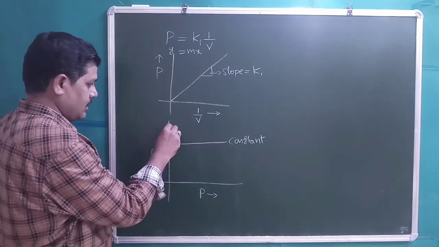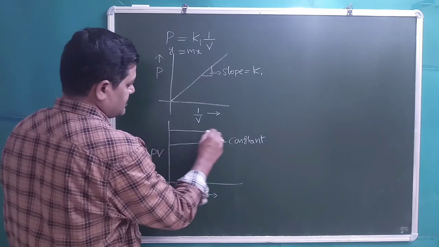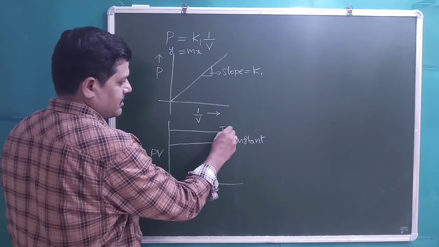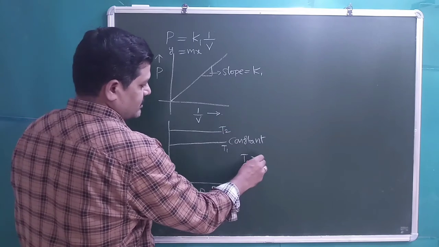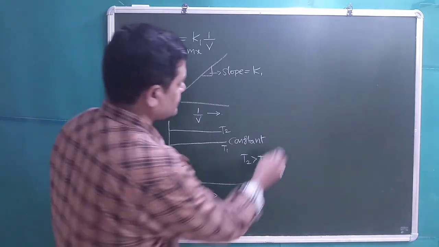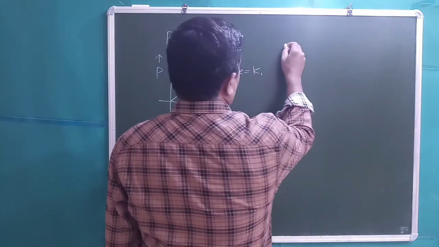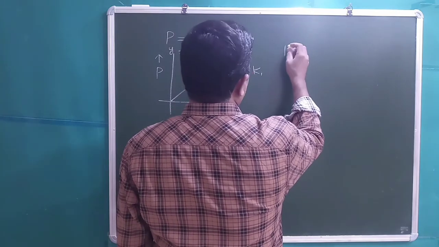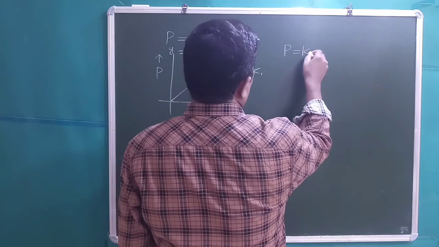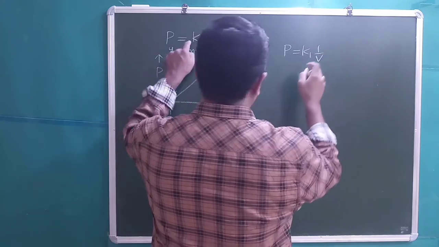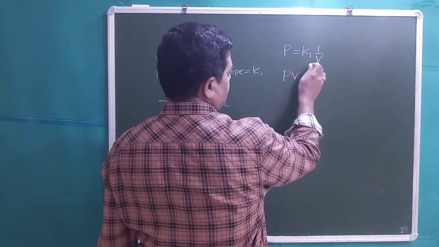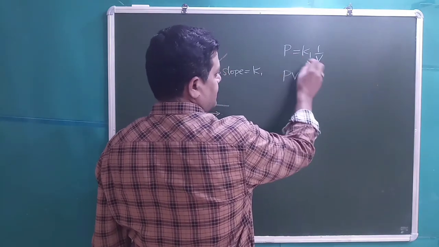At two different temperatures, students, when we compare here, this is for the T1, bottom line is T1, top line is T2, then T2 is greater than T1. At two different conditions, we know this P is equal to K1 into 1 by V. This equation again I am writing. So from this, students, we can write PV by transferring V to the left hand side of the equation.